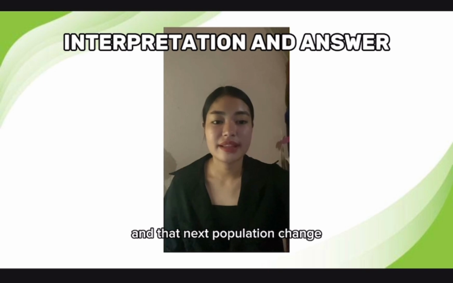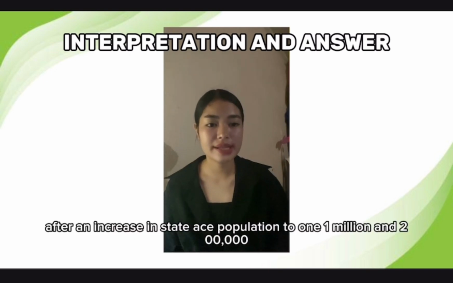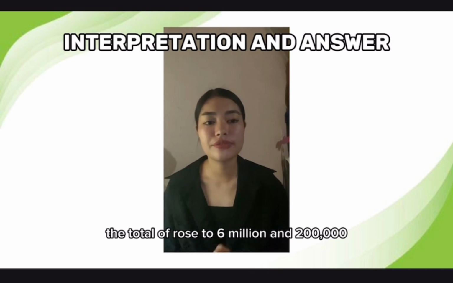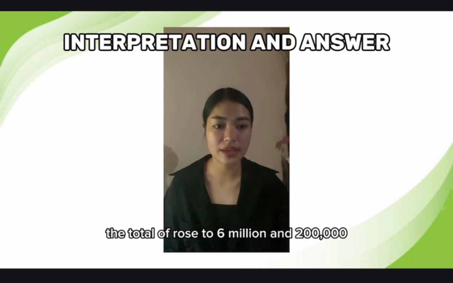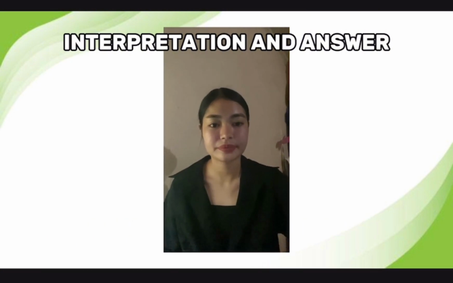Next, population change. After an increase in State A's population to 1,200,000, the total rose to 6,200,000. The standard divisor changed accordingly, reflecting the new total.